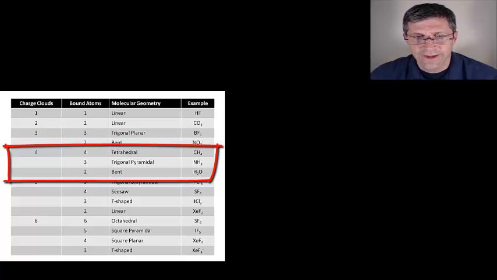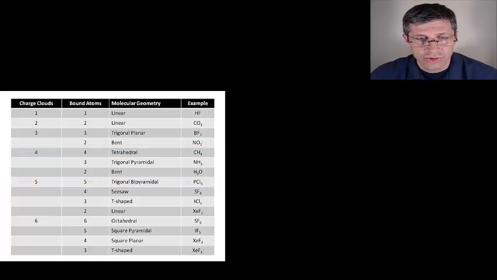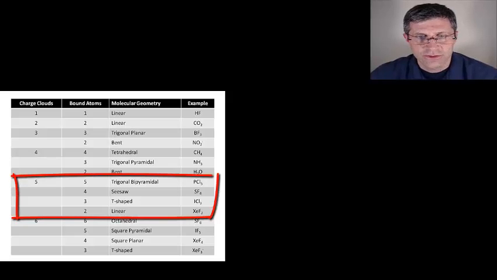If 3 of those are bound atoms, I'll have trigonal pyramidal. If 2 of those are bound atoms, then I have a bent structure similar to water. If I have 5 electron clouds bound to 5 atoms, that'll be a trigonal bipyramidal. If it's bound to 4 atoms, it'll be a seesaw. 3 atoms will be T-shaped. 2 atoms will be linear.